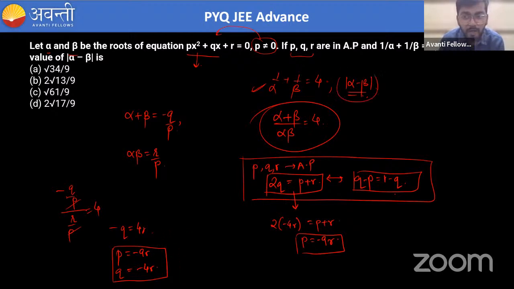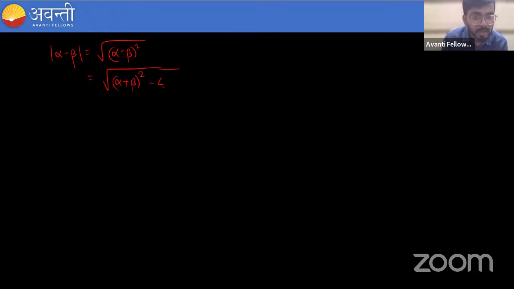Now we have to find out mod of alpha minus beta. So to find out mod of alpha minus beta, we already know that mod of alpha minus beta can be written as under root of alpha minus beta whole square. And this under root of alpha minus beta whole square can be written as alpha plus beta whole square minus 4 alpha beta, right?